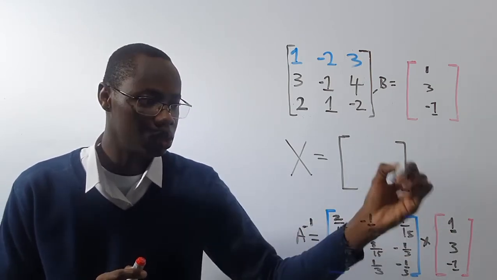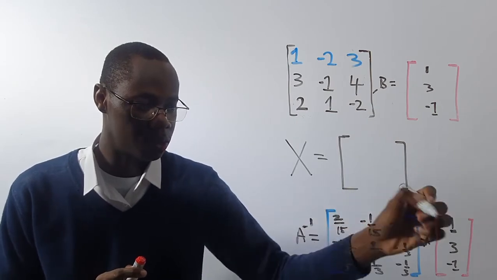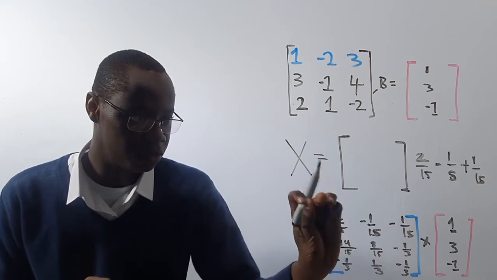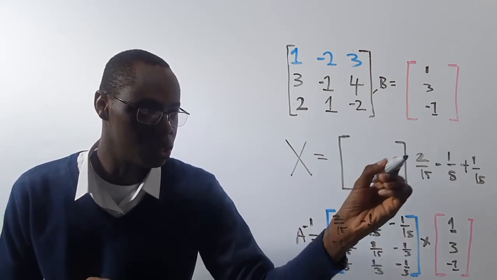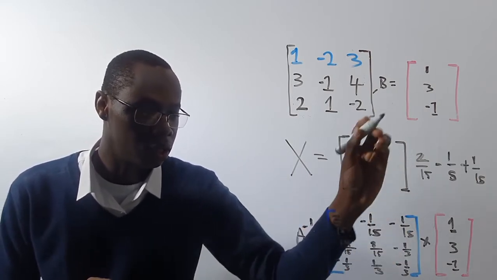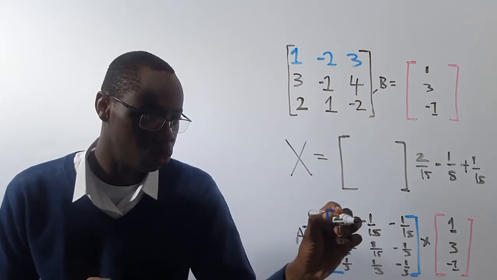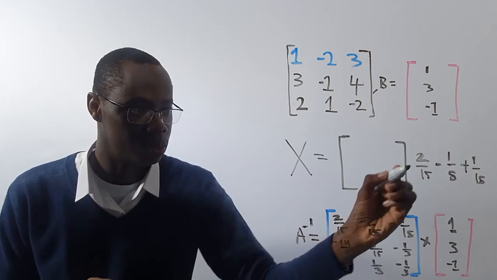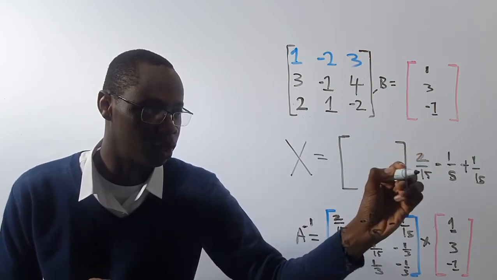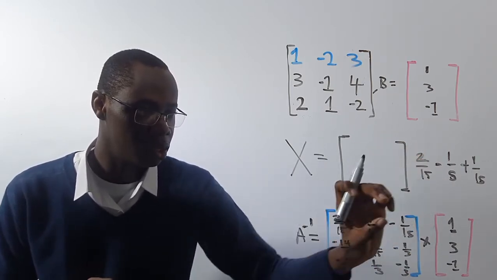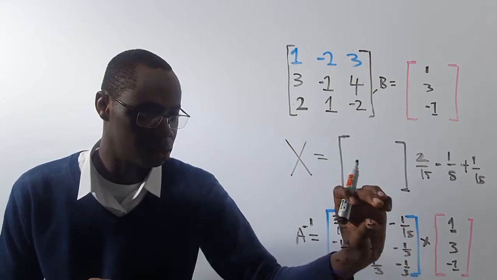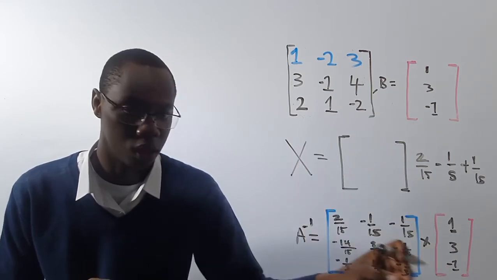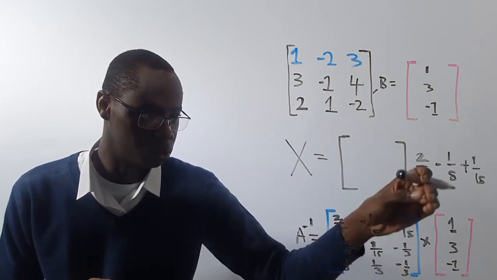Very simple. 2 over 15 times 1 is 2 over 15. And then plus the next one, 1 over 15 multiplied by 3. That would be minus 1 over 5. And then the next one multiplied by the last element here, -1. So we're trying to get the first row.